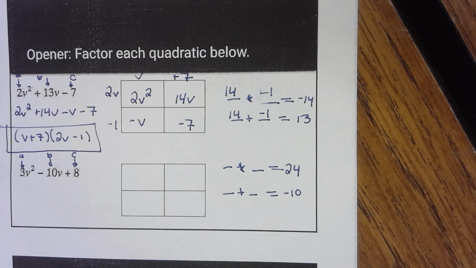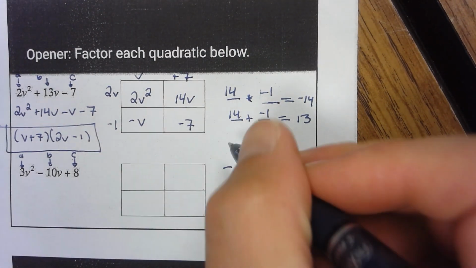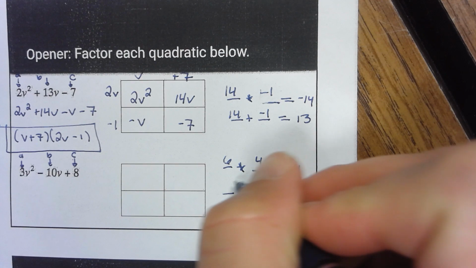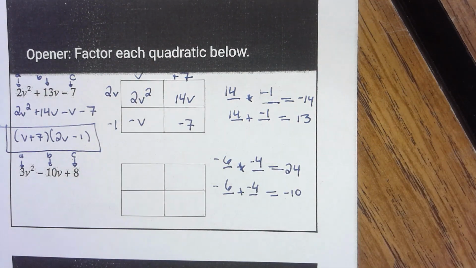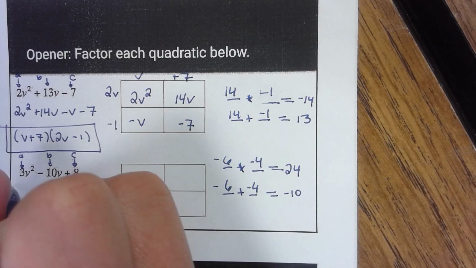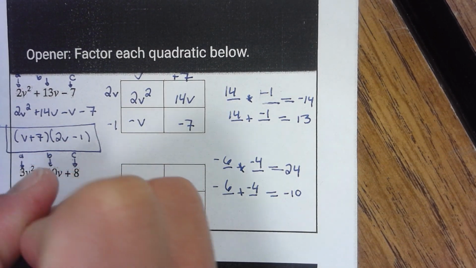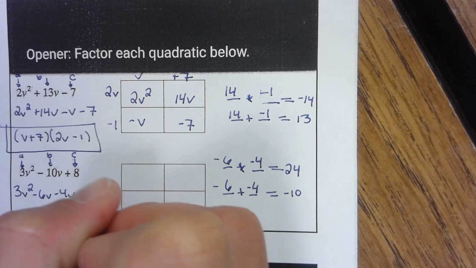The group picked up on that. If those numbers don't work, we pick different factors. What other factors might work? Well, 6 and 4 multiply to 24, and if I make them both negative, now they multiply to a positive 24. So this is really 3V squared minus 6V minus 4V plus 8.